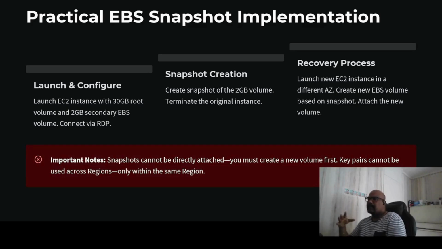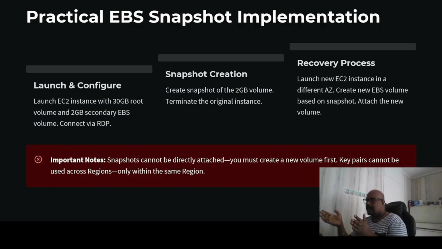Then we will crash the virtual machine, the EC2 instance, by terminating it. Before terminating, I will take the snapshot of the EBS volume which I already created. Then I will terminate the machine as well as the volume. This is happening in availability zone 1.